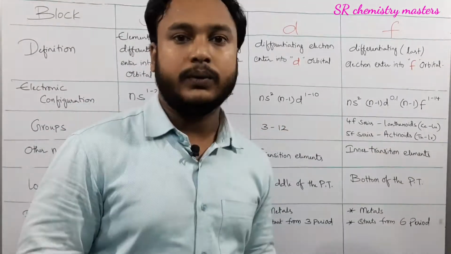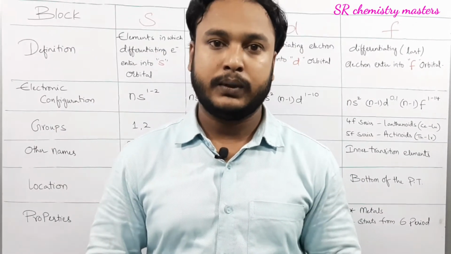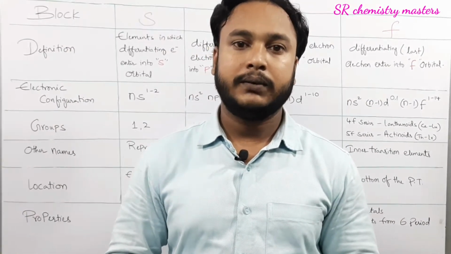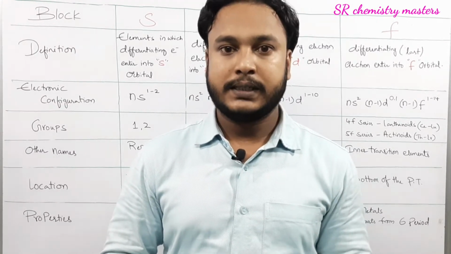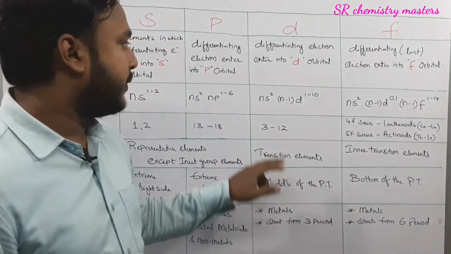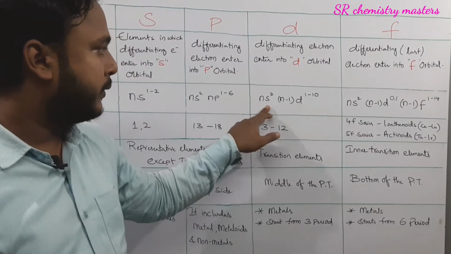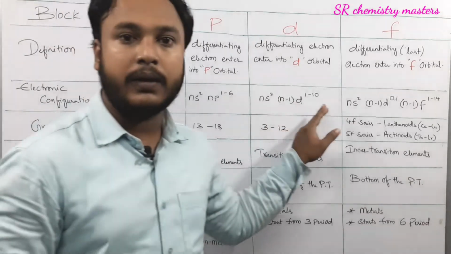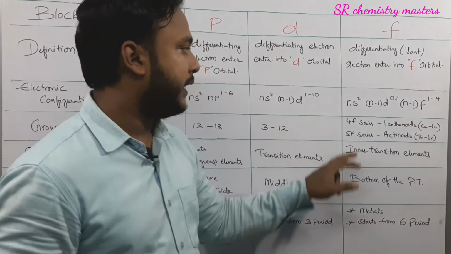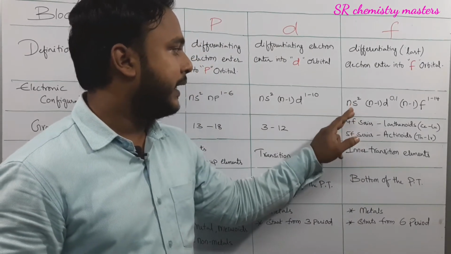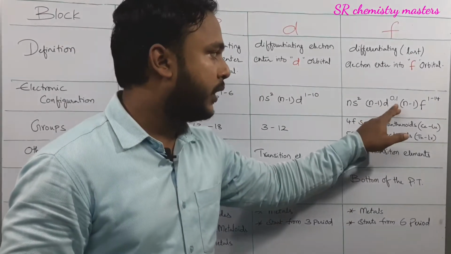The electronic configuration for D block elements is ns2 (n-1)d1-10. As you know, the electrons enter into the 4s orbital first, then enter into the 3d orbital. In the similar way, 5s first, then 4d, 6s first, then 5d. First the electrons enter into the outermost shell s orbital, then the electron enters into the inner shell d orbital. The electronic configuration for F block is ns2 (n-1)d0 or 1.